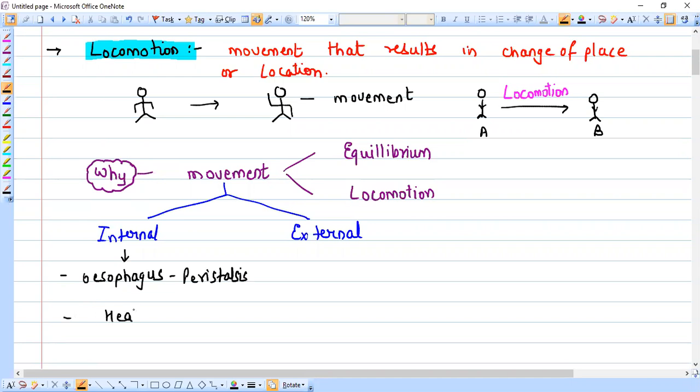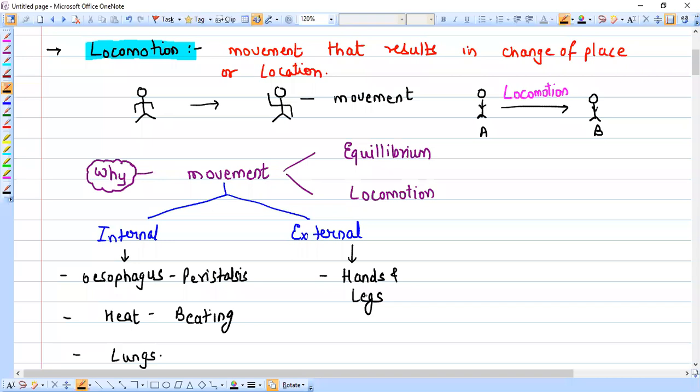Second, we have the heart. The heart basically beats, so the beating of the heart is also a kind of internal movement. Then lungs. Whenever we inhale and exhale, the lungs expand and contract. So that is all a type of internal movement. But when I talk about external movement, we have only two options, our hands and legs.